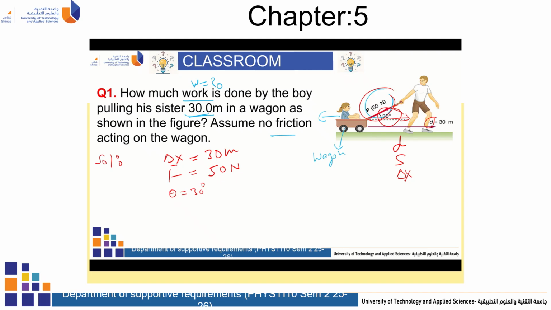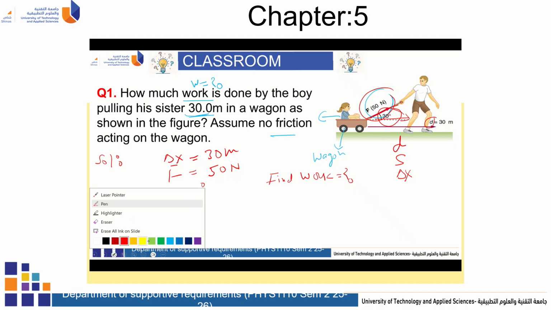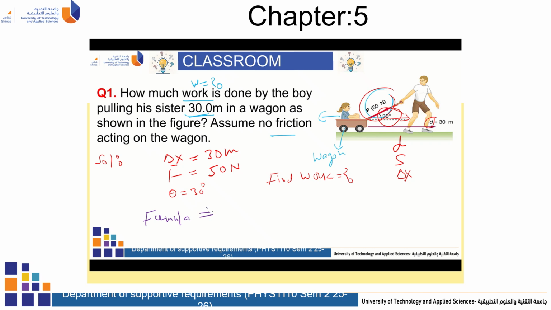They are asking what is the value of the work, so we have to use the formula. The formula for the work is W equals the force multiplied by the displacement multiplied by the cosine theta.